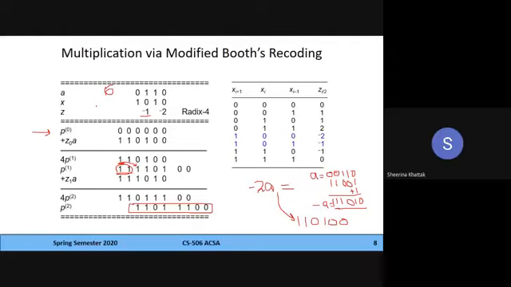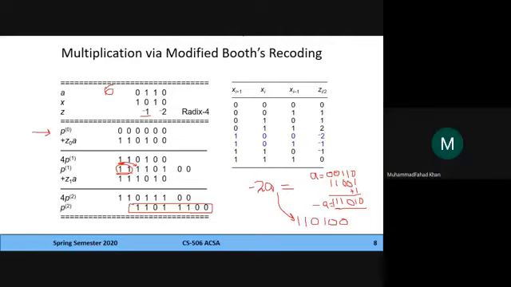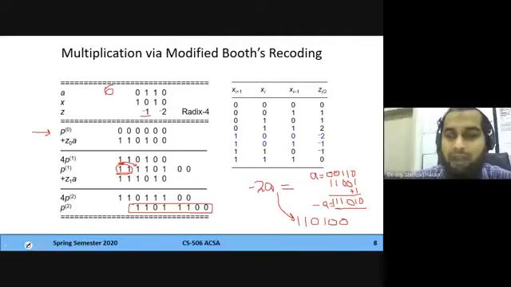Minus 8, minus 4. Sir, it's a minus. Minus 6 is the right answer, because we are talking about minus 8 plus 2, that would be minus 6. So we need to multiply 6 with minus 6, so the answer should be minus 36.